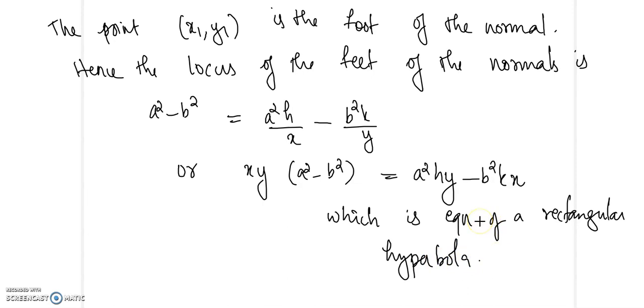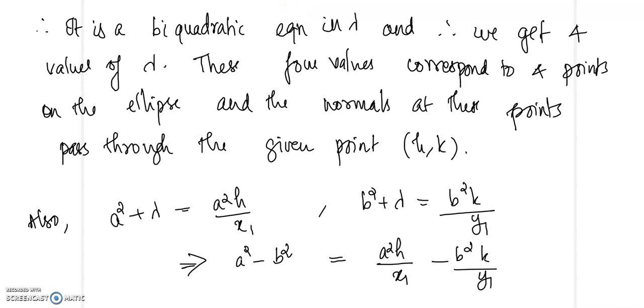So we have shown two things. That is, 4 normals can be drawn to an ellipse through a given point. So we have taken the point HK, and from the point HK we have 4 roots to this equation.